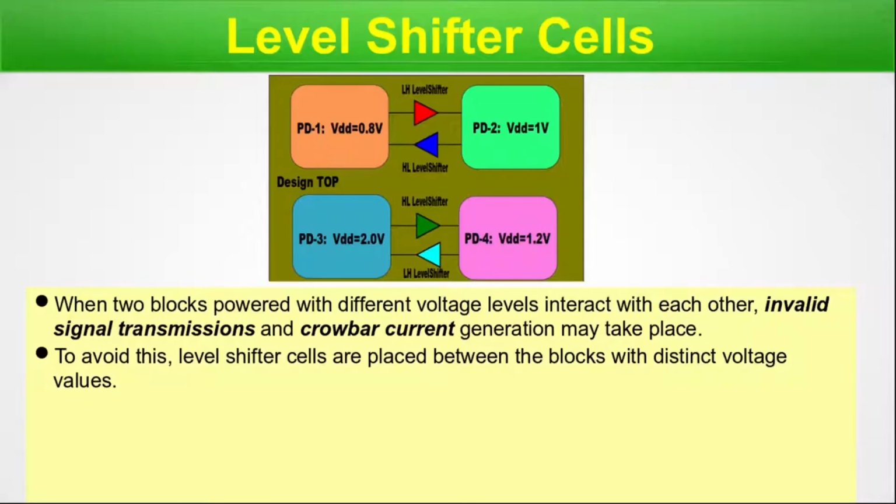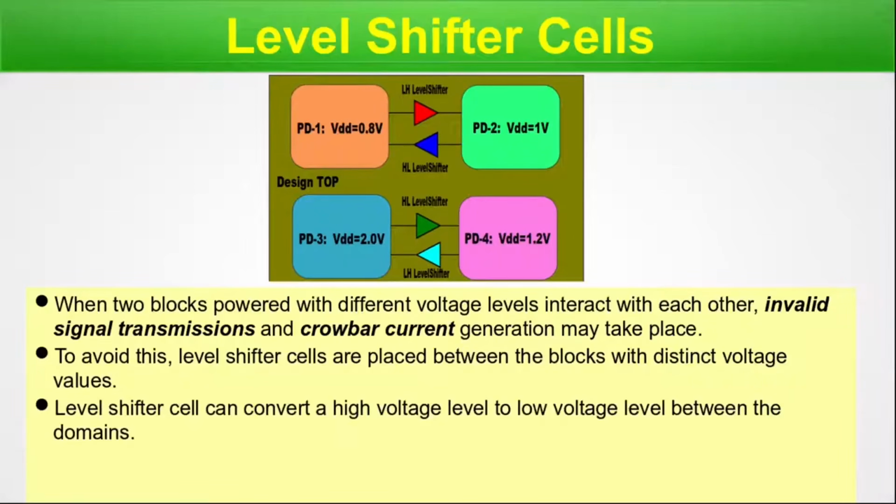Now, these distinct voltage values cannot be random. For a particular level shifter, the from and to VDD must be clearly defined. Okay, and that's why in the StdCell library, we have these specific L2H and H2L level shifter cells specifically designed.